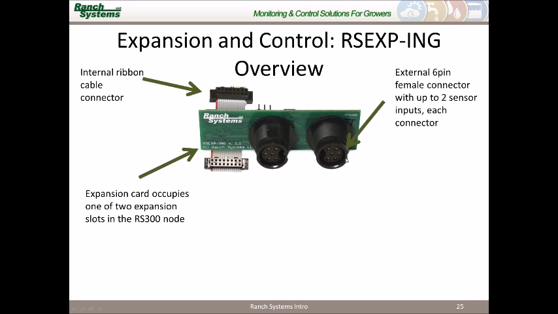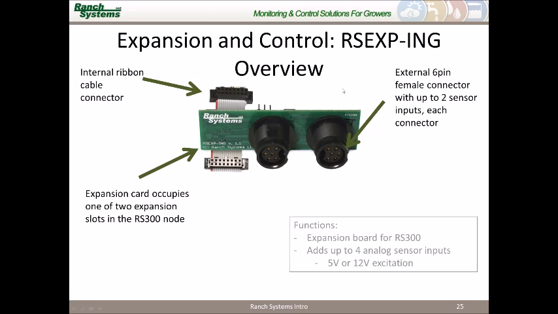And this likewise also takes up 1 slot, so you can have a combination of an RX, the expansion for control. You can have 1 of those and 1 for inputs, just as the internal enclosure is concerned. But this adds up to 4 analog sensor inputs. You can have a 5 or 12 volt excitation.